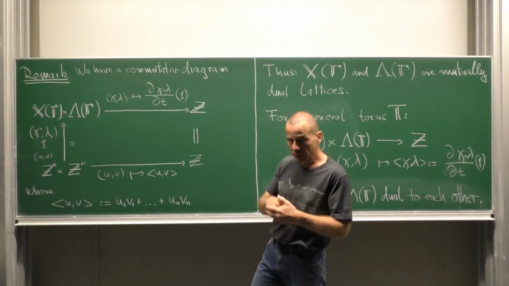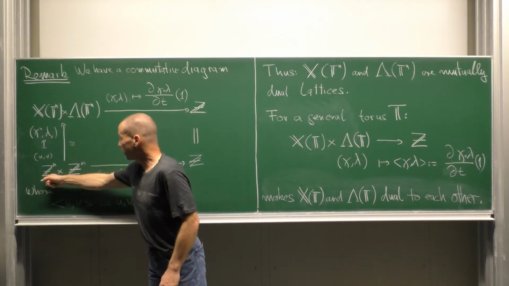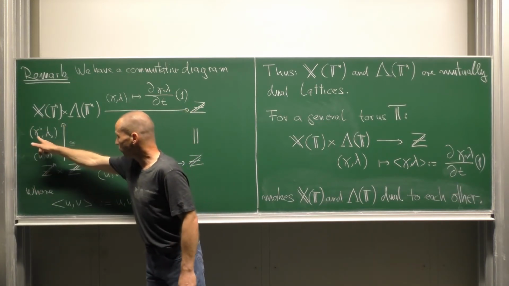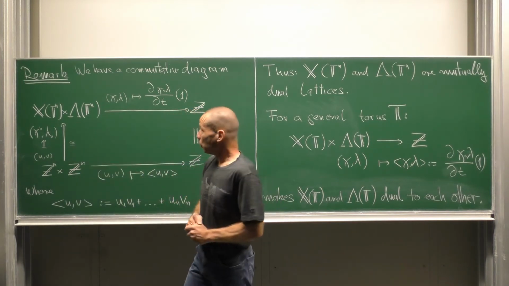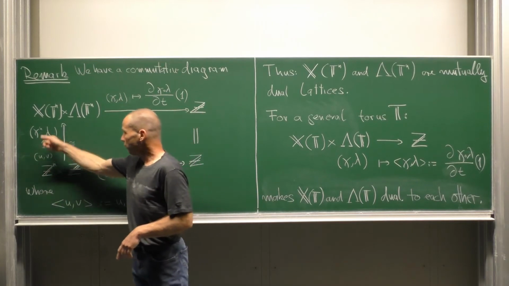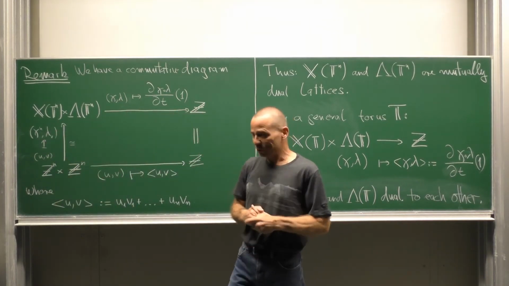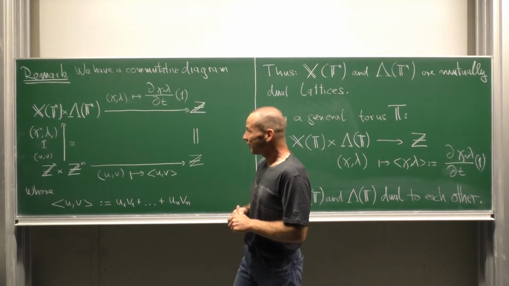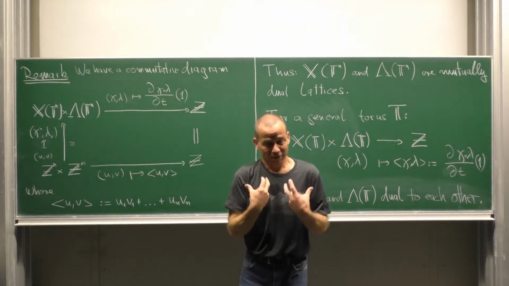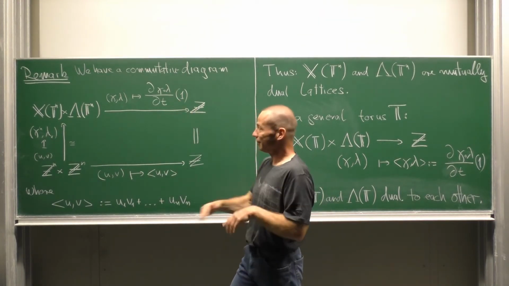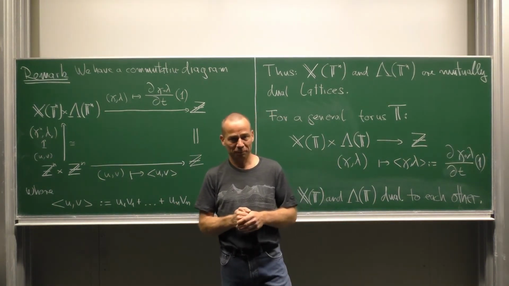Here we have the identity map, and here we have our isomorphisms from Z^n to the character group, sending u to chi^u, and Z^n to the lattice of one parameter subgroups, sending v to lambda^v. And the commutativity of the diagram is just that we have to compute the derivative of this composition, and this is done by applying the chain rule.